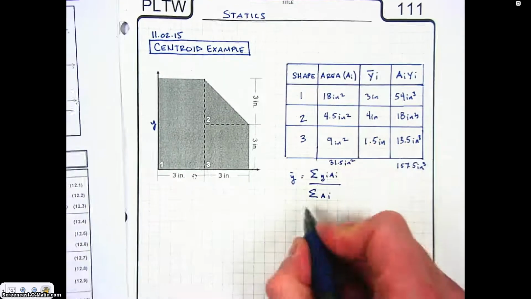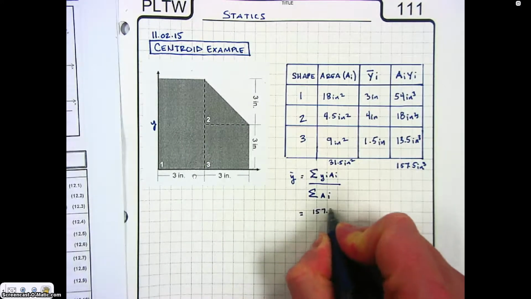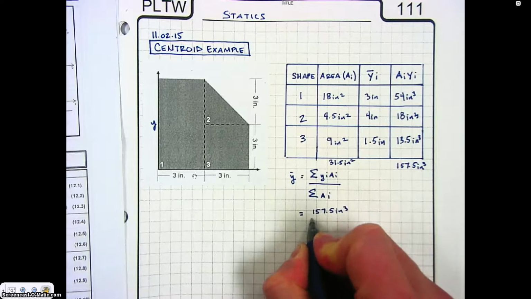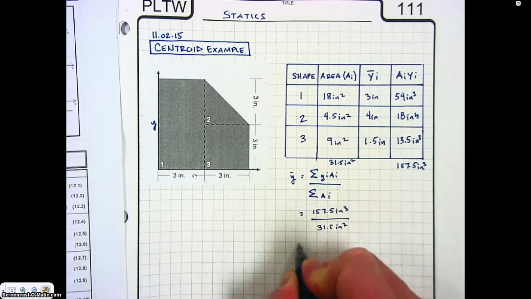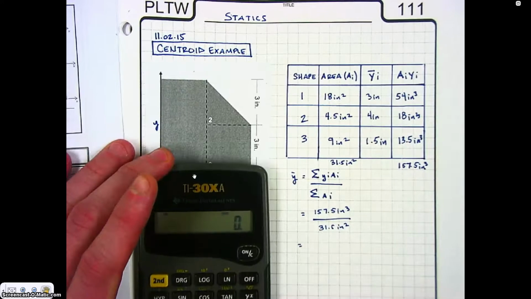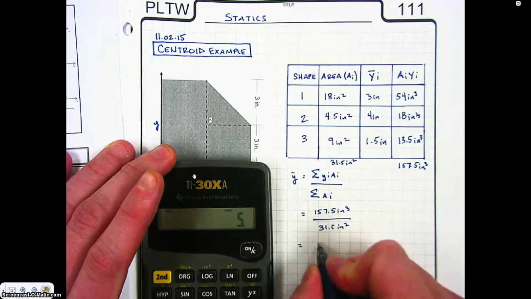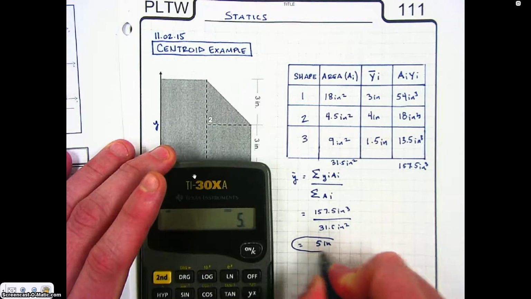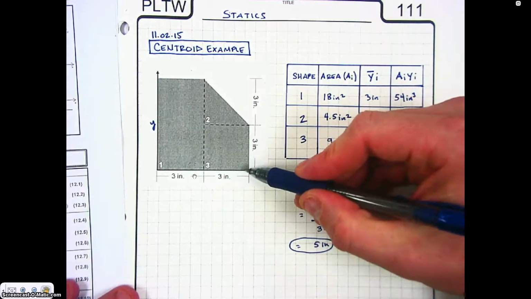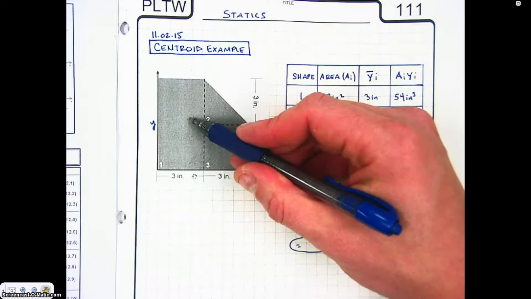So I put those numbers into my formula. 157.5 inches cubed divided by 31.5 inches squared. Divide those numbers, I get 5 inches. So in the y direction, at 5 inches, that's the centroid location in the y direction.